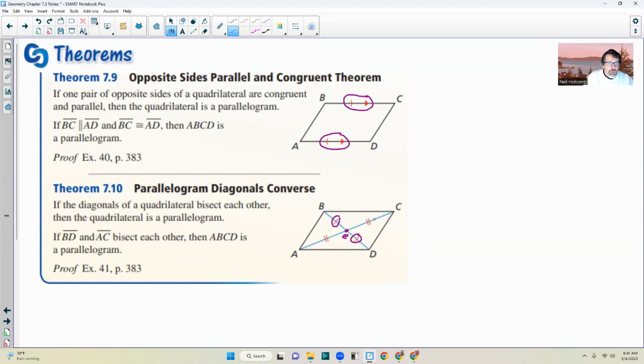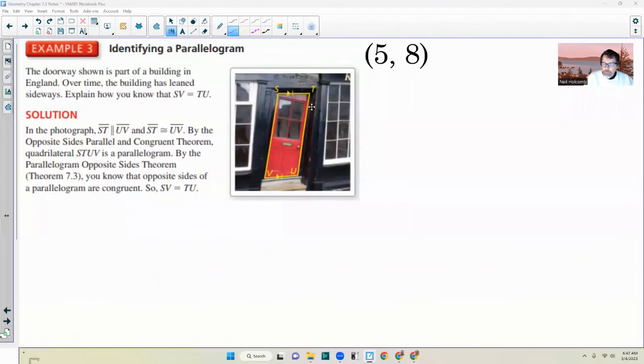So if the two pieces of each diagonal are congruent, then it's a parallelogram. Okay, so let's take a look at some examples about that.